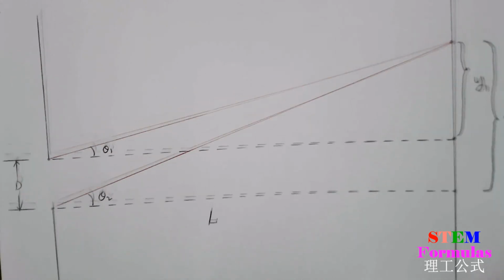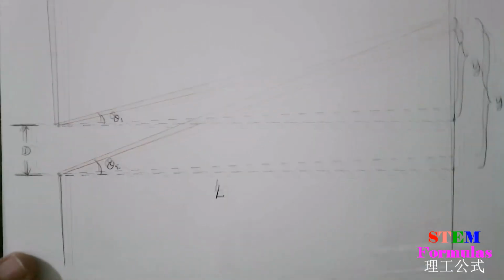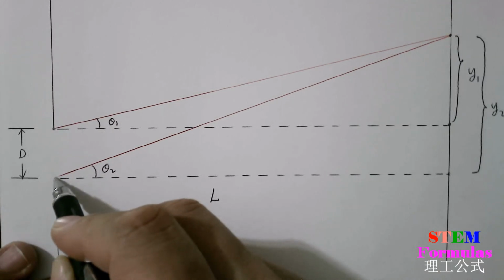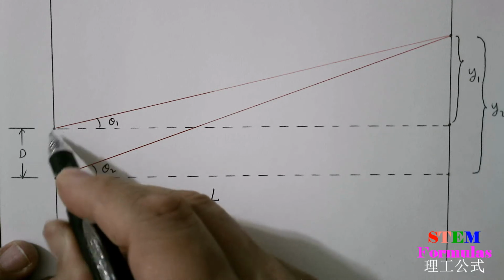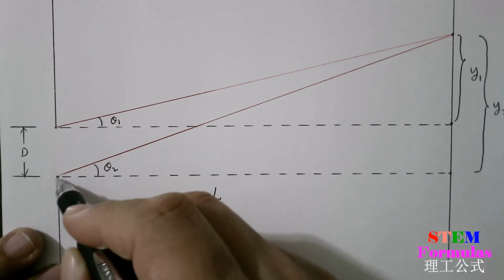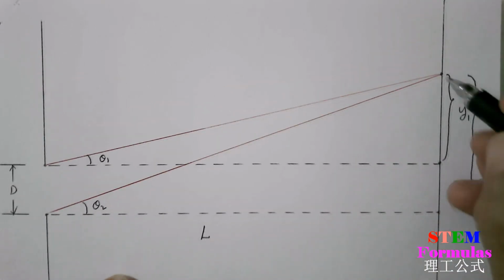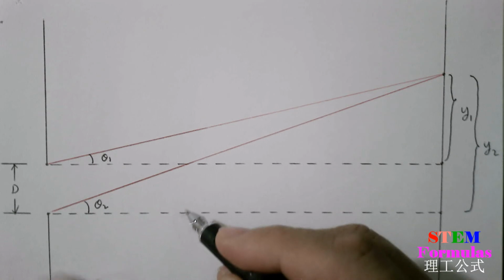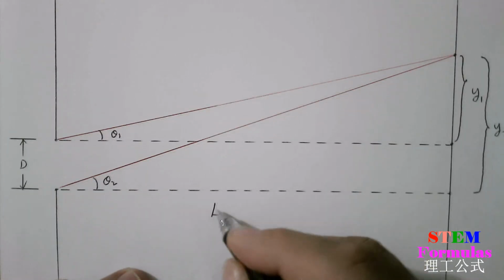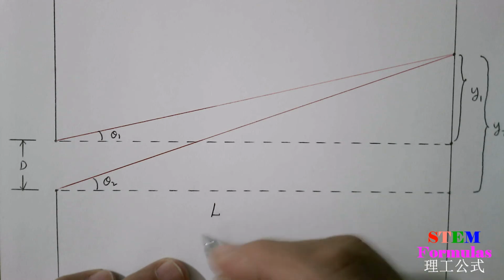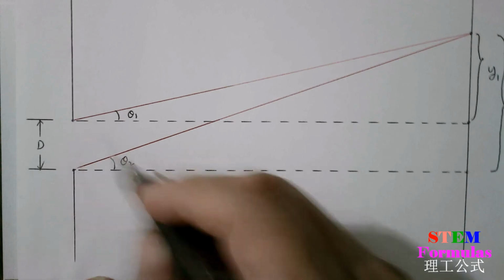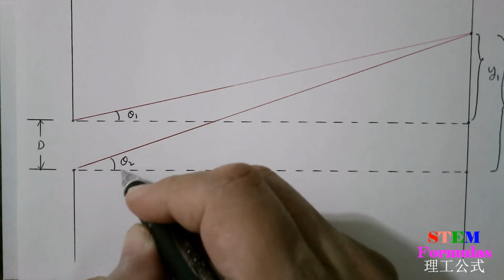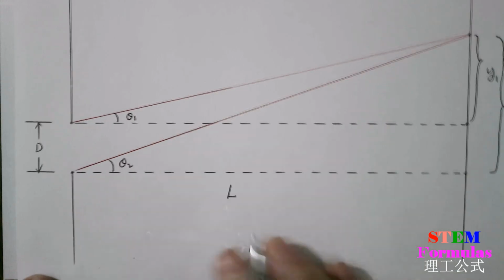Consider two points on this slit, one on top, one at the bottom. This point is y, the viewpoint. I claim that if L is much greater than the width d, then theta 1 equals theta 2.